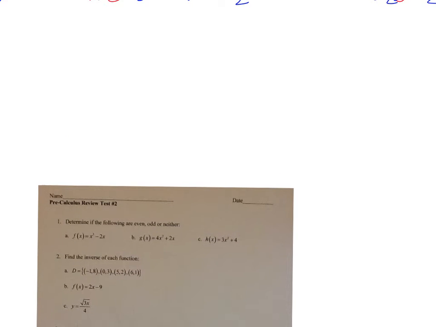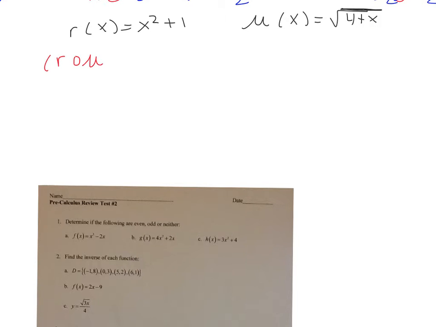We have r of x is equal to x squared plus 1, and u of x is equal to the square root of 4 plus x. All right, so now I want to start with the composition of r of u of x.